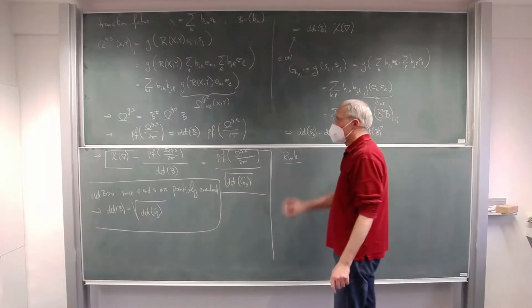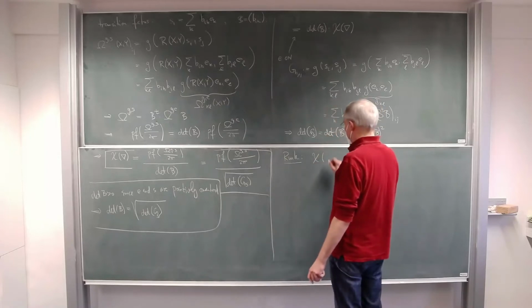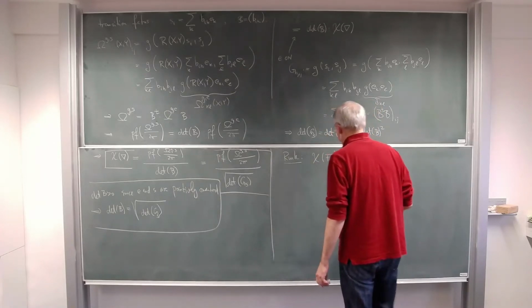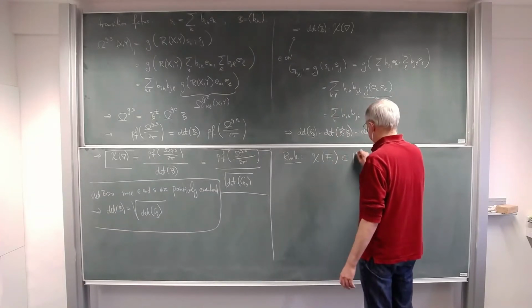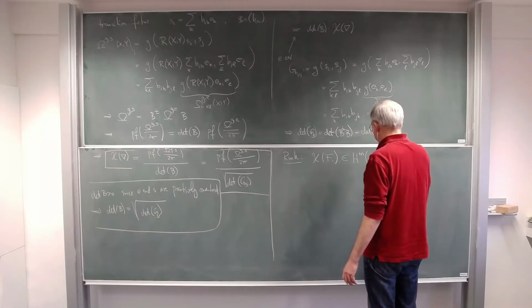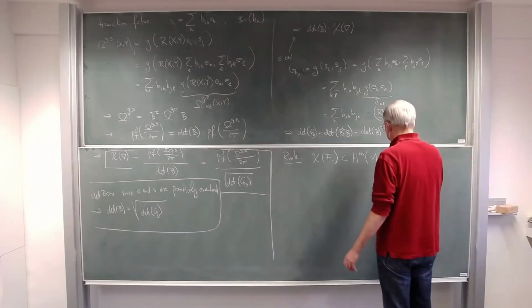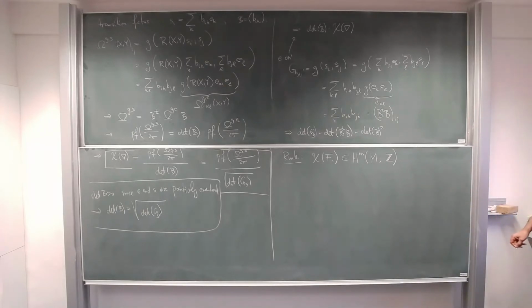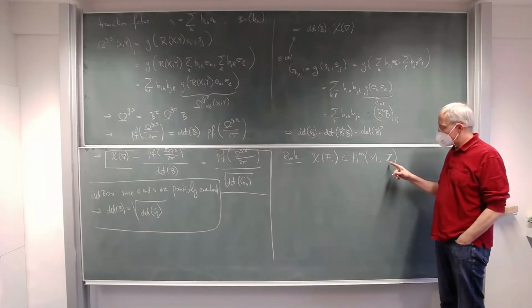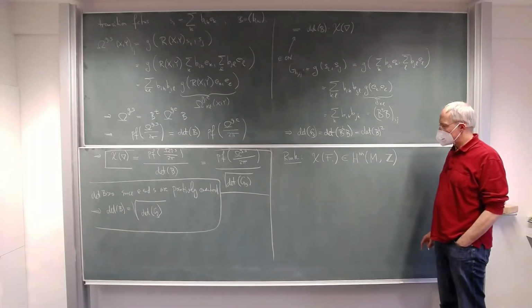And the same thing holds for the Euler class. So the Euler class of a bundle of rank m on a manifold M is a cohomology class of the base manifold, not just with real coefficients, but actually with integral coefficients. And so what this means is, if you integrate this cohomology class against any integral cycle, then you get an integer.